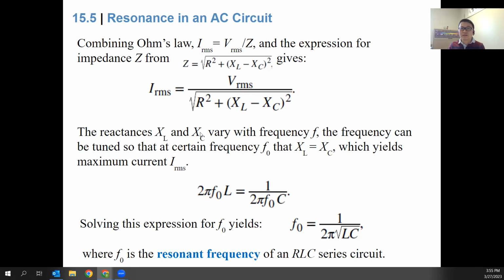So for the resonance frequency of the RLC circuit, the condition is XL equal to XC: 2 pi F times L equals 1 over 2 pi F C. For the resonance frequency, we call it F sub naught. Rearranging the terms, you get F sub naught equal to 1 over 2 pi times the square root of L times C. That gives you the resonance frequency for the circuit.